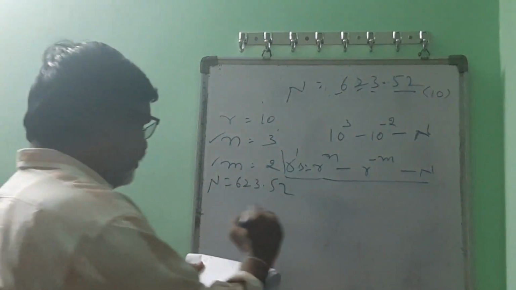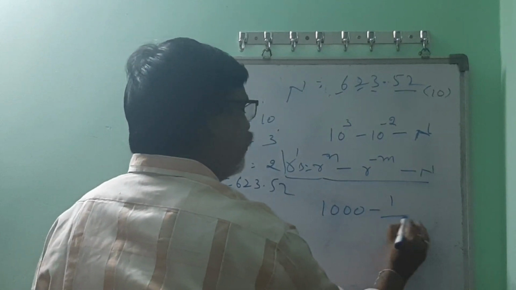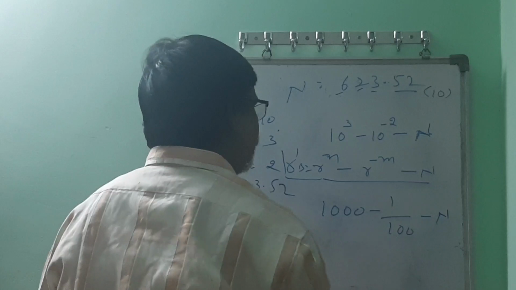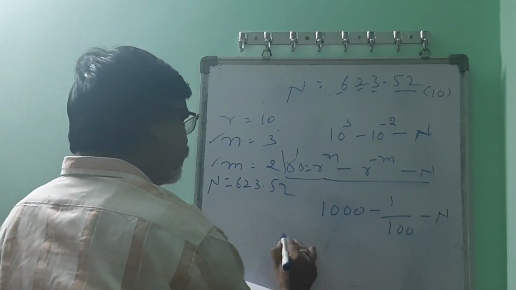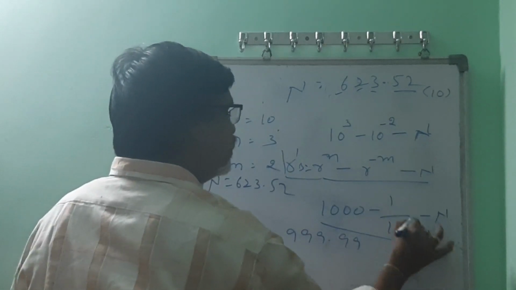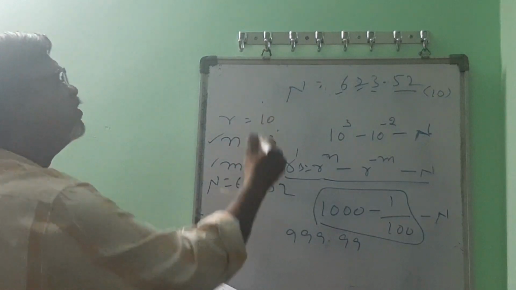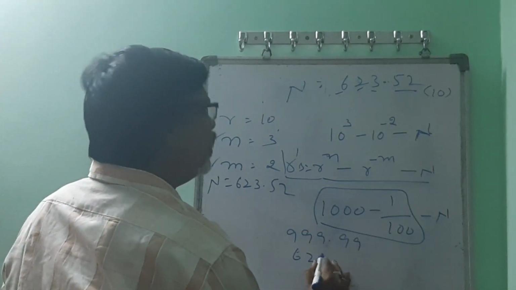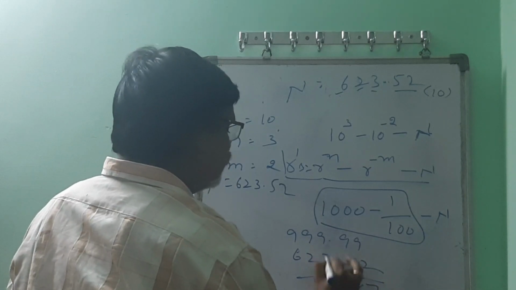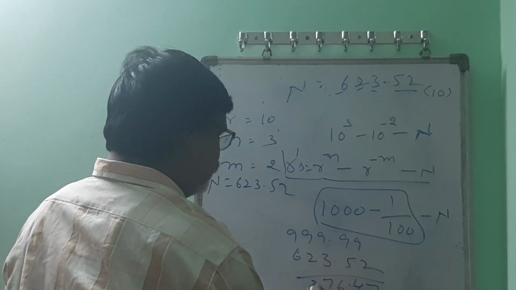Here 10 power 3 gives 1000, and 10 power minus 2 is 1 by 100, minus the original value. So this will be 999.99 minus the number 623.52, which gives 376.47.